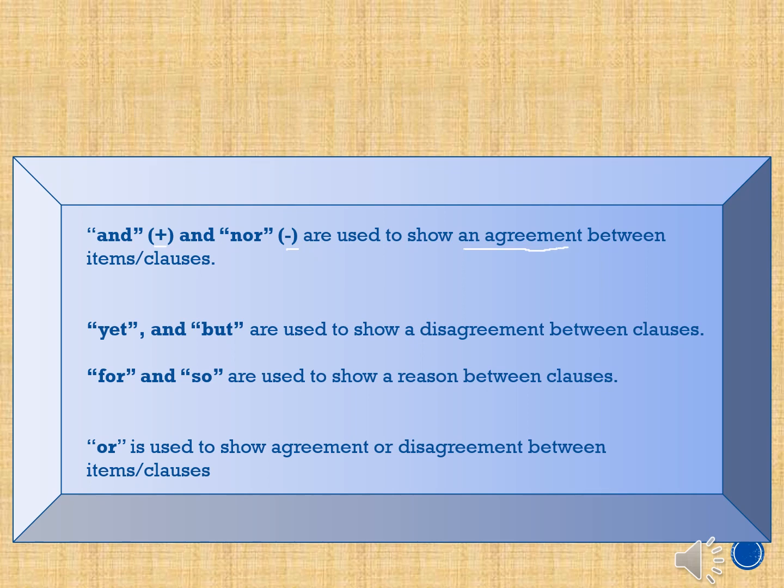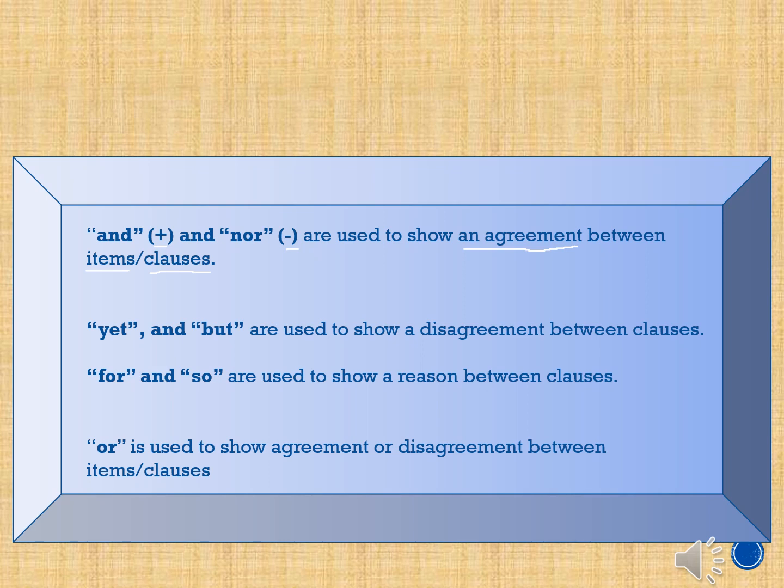We're going to call these items clauses at this moment. Remember that we have independent clauses and also dependent clauses. Now we are working with independent clauses. We are working with subjects, verbs, comma, coordinating conjunction, subjects, and verbs. Okay, so and, nor, they show agreement.